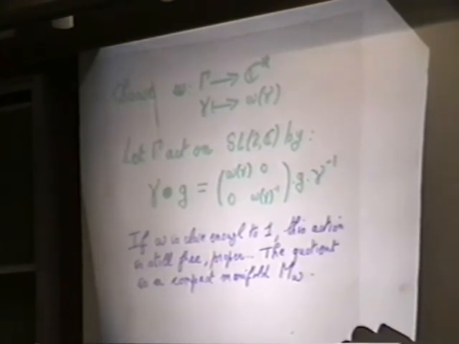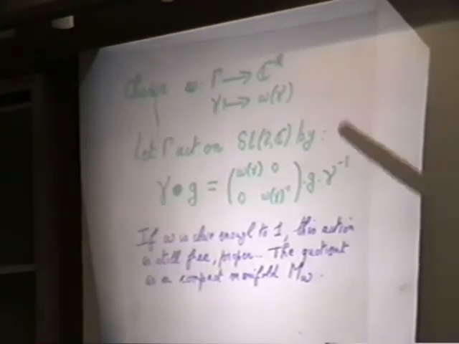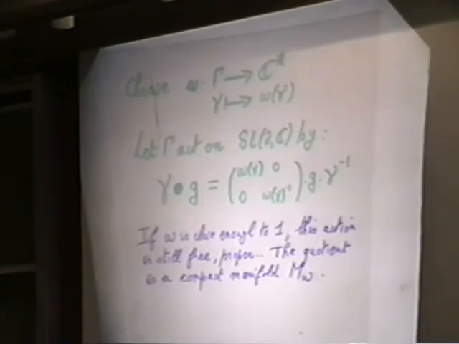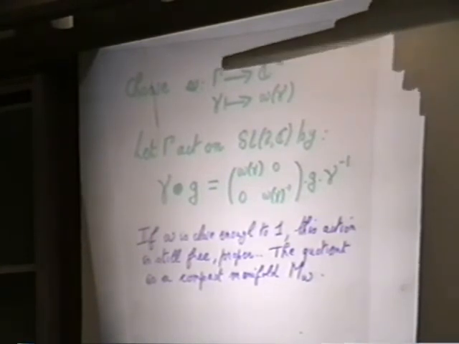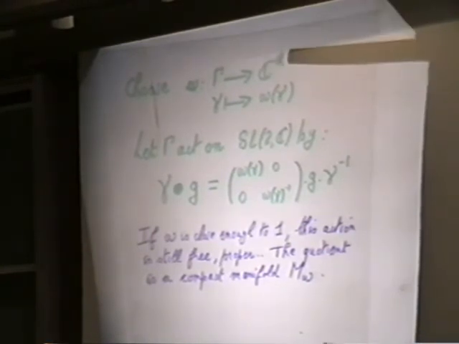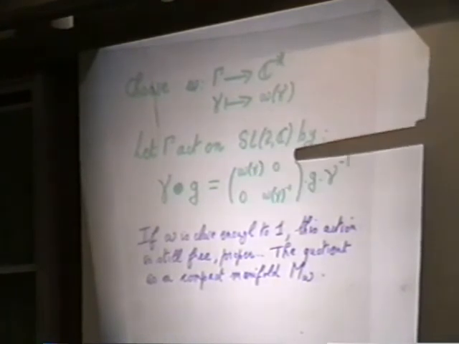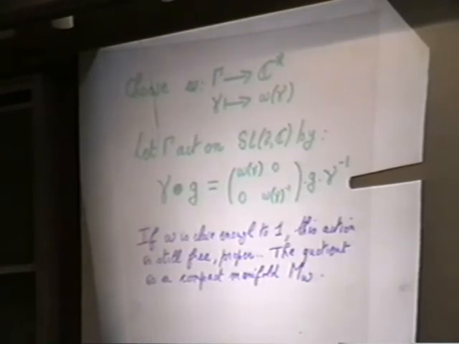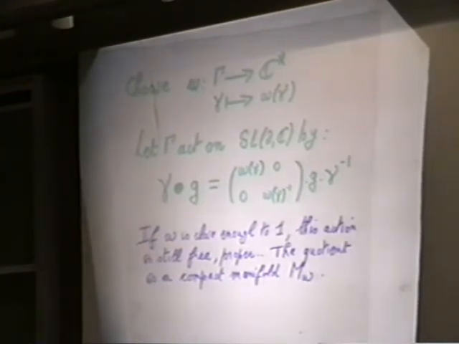It is not difficult to check, well, I should say first that if omega is trivial, meaning if I send everybody to the point 1, then this does not exist, so I just get the usual right action of gamma on SL2C, and the quotient is just my previous manifold, SL2C modulo gamma.